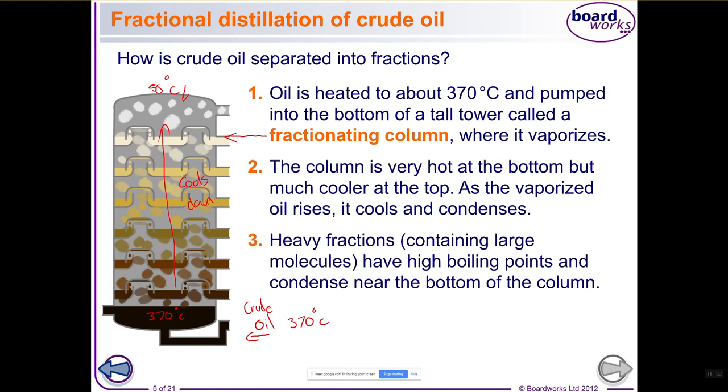So generally, heavy fractions, or molecules that have lots of carbons, so long chains like decane and things like that, will have high boiling points, and that means they will condense near the bottom of our fractionating column. So long carbon chains will condense into a liquid at this point.